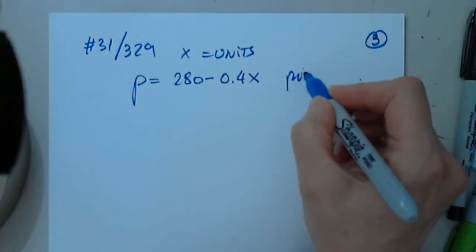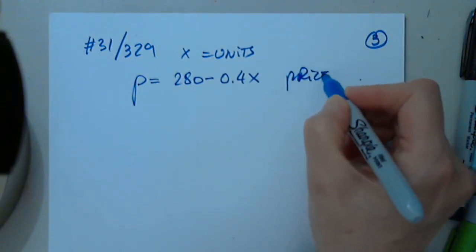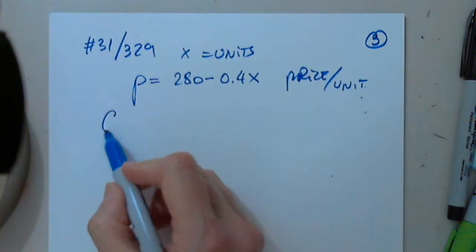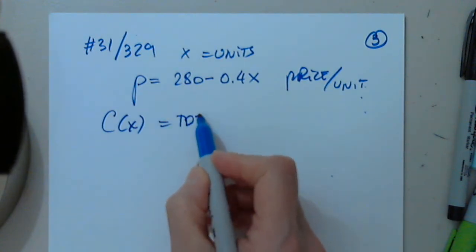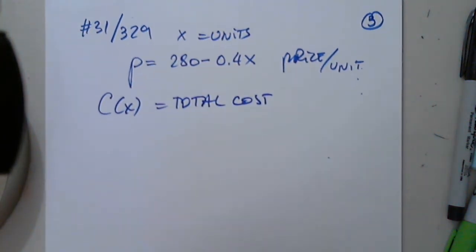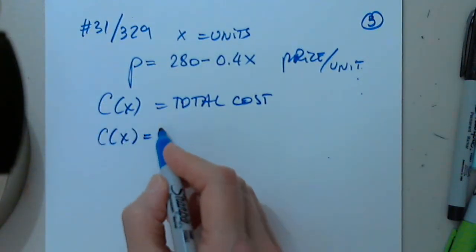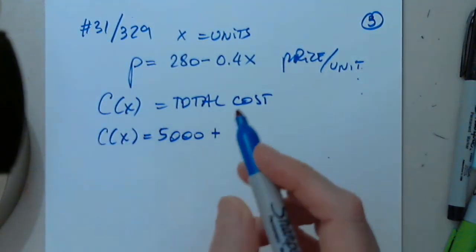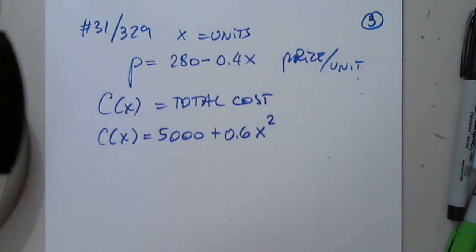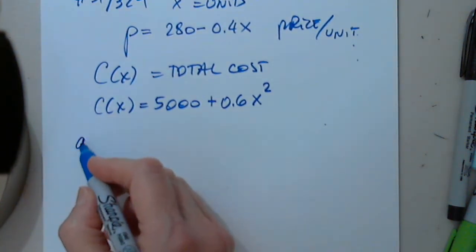So this is price per unit. It also determines that the total cost is given by C of x equals 5,000 plus 0.6x squared. They're asking us to find the total revenue.